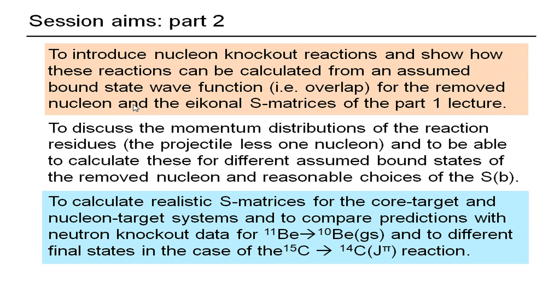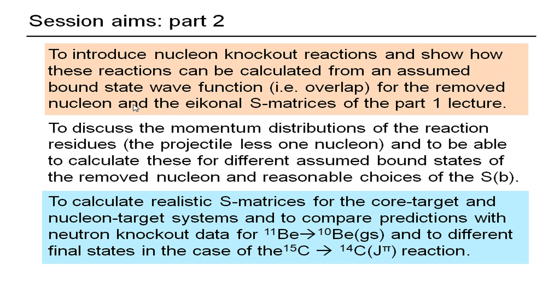Okay, so we're entering a region where we're doing reactions with systems that we usually don't know the interactions for, and so we need to put some theory into constructing the optical potentials. Once we calculate the optical potentials, then I can calculate an S, and then I can go forward and calculate the reaction. Okay, so it looks all very simple. We need realistic S matrices, but they don't come for free.